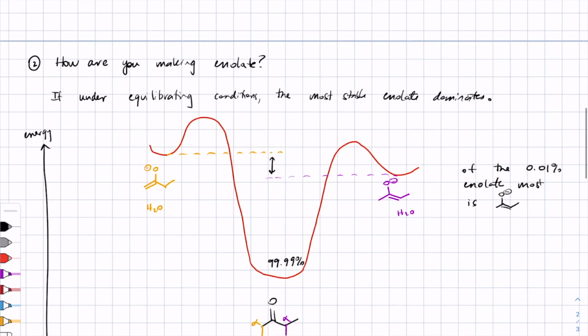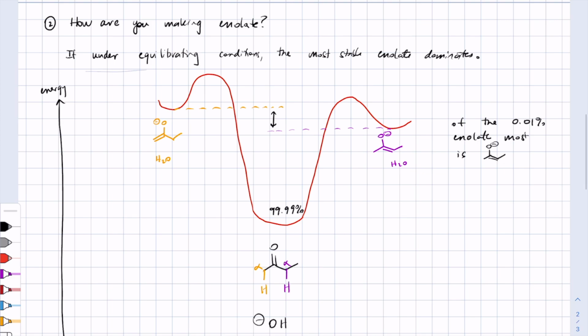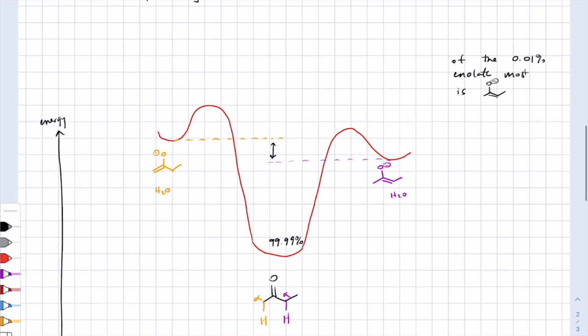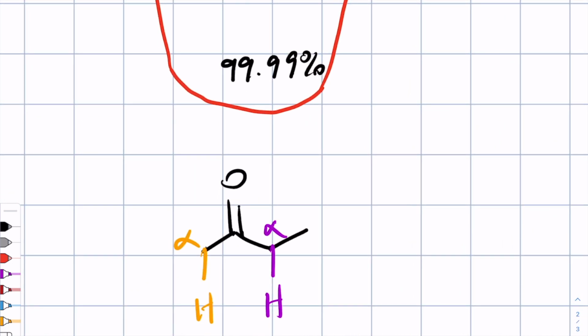Now let's say something about those transition states actually. I just sort of drew them arbitrarily, so we can go back and try to fill in some details. Which alpha proton in the starting material do you think is going to be easier to remove? Orange or purple? Orange versus purple. Well, purple leads to a more stable enolate product, but if you say orange, why might that be?